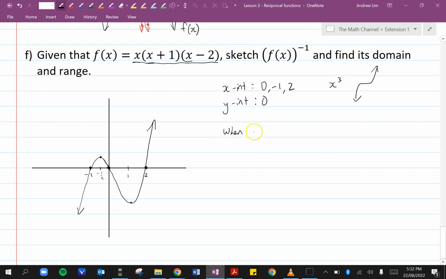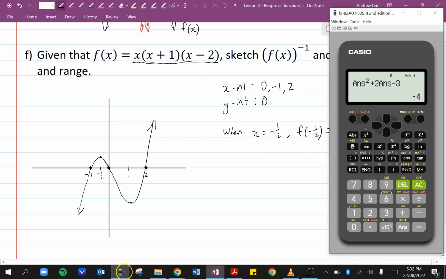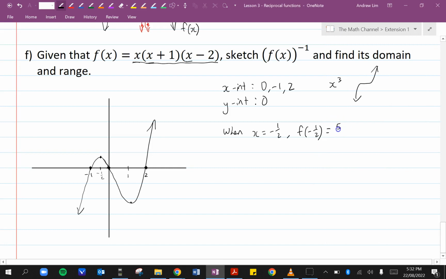So when x is equal to negative half, f of negative half, or y, because I'm just subbing that in, we've got that times that plus 1 times that minus 2, which is 5/8, which is less than 1.